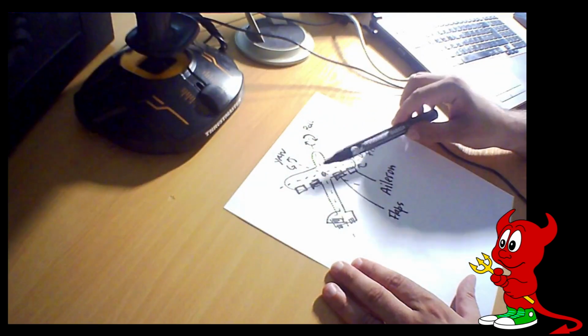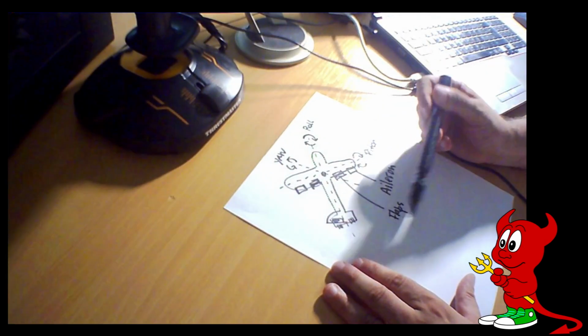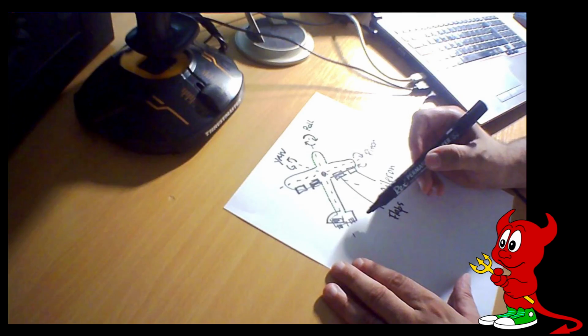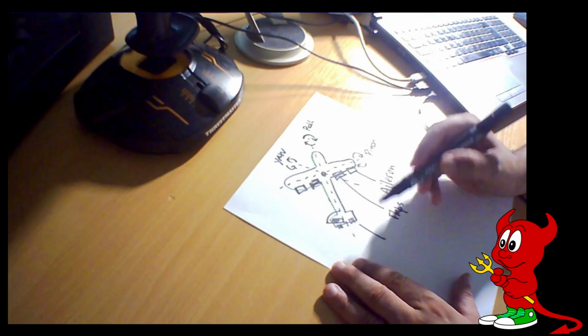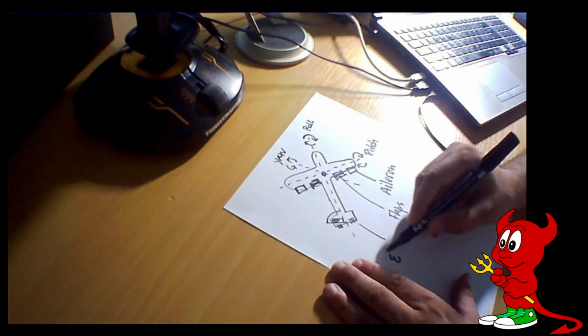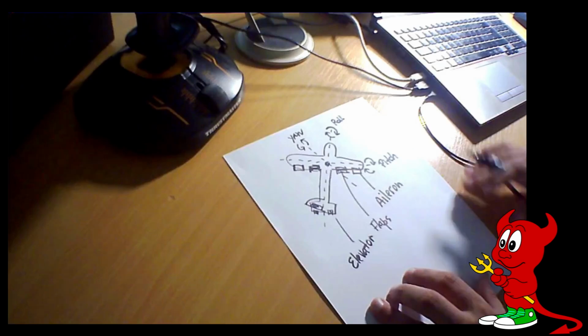The center of mass is here, so you have another two elements here on the back of the airplane, and this is called the elevator. The elevator.